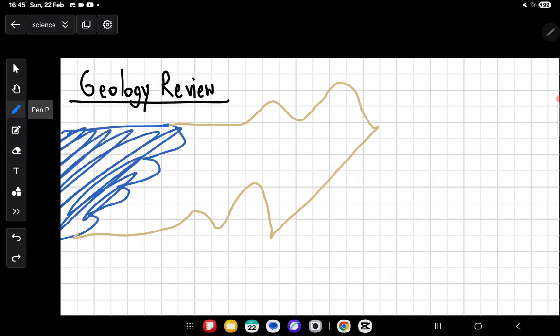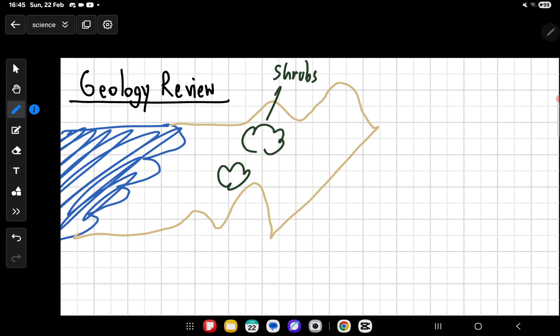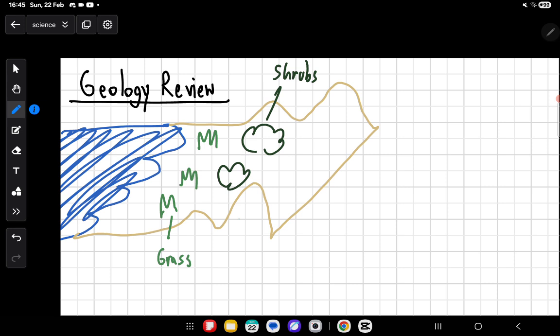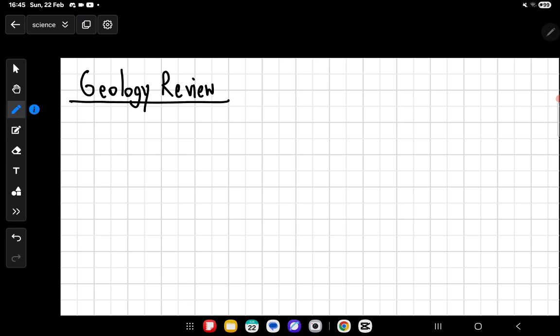Now, in here, there are shrubs, right? And near the shore, there will be grass. Then these are new terrain and old terrains. So that's how the sand dunes will look like at a beach. Let's erase this and move on to lagoons.